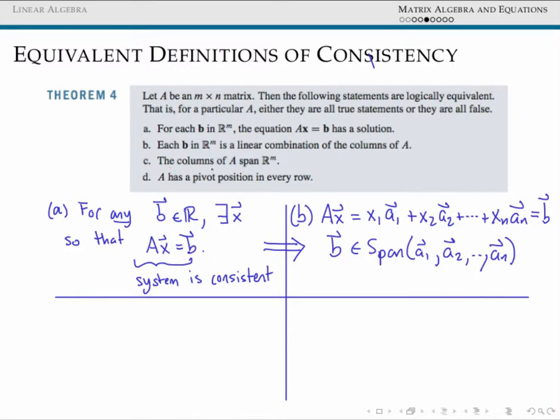Equivalently, since we made this choice independently, for all b inside R^m, by part B, you know that b is inside this span of our column vectors.